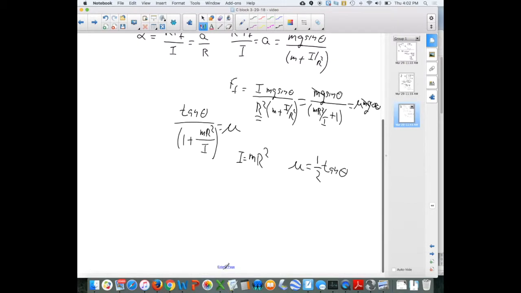Remember that for a block on an incline, we said that mu static has to be greater than or equal to tangent of theta. So in order for a hoop to roll, you can have basically half of the static friction and it will still roll, as opposed to a block on an incline.